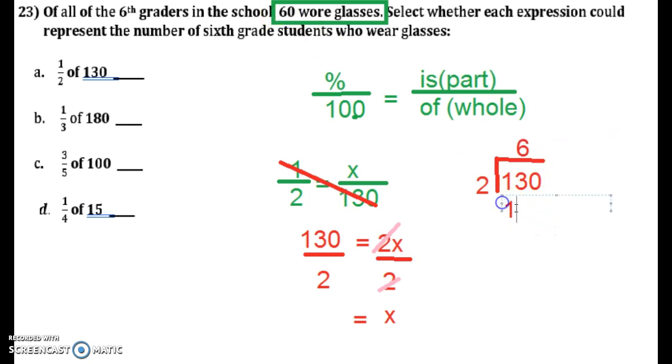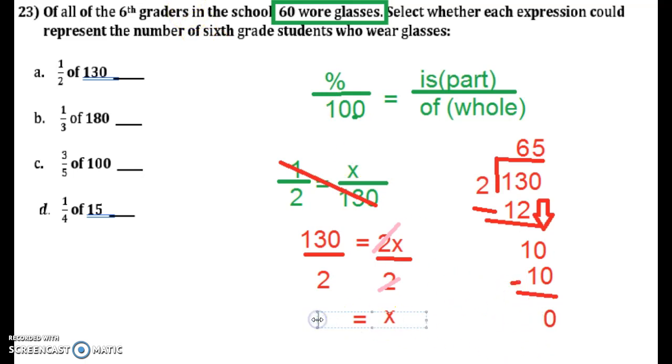And that would give me 12. 13 minus 12 is 1. Bring down your 0. And 2 goes into 10 5 times. There you go. So the first one is 65.